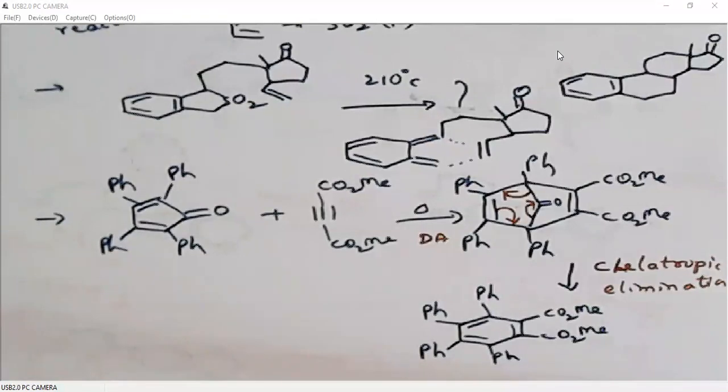So in a general fashion, it is not possible to have a 1,2,3 trisubstituted benzene. Whereas in this reaction, you see the product is a hexa substituted benzene. All carbons in benzene are substituted. How beautiful it is, right?